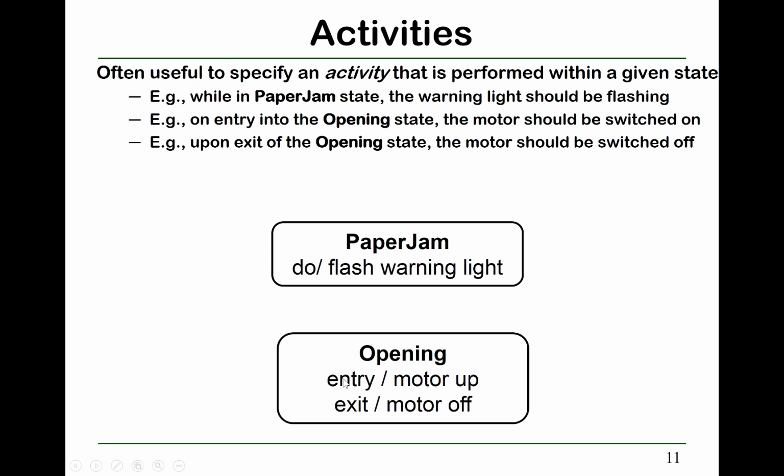One is entry. You can write entry slash and then the activity the system will perform when the system enters this state. And you can write exit slash some activity. This is the activity that the system performs when the system leaves this state. And you can use do slash some activity. That means that these activities are performed by the system when the system remains in this state.